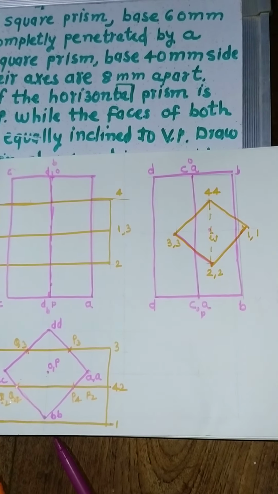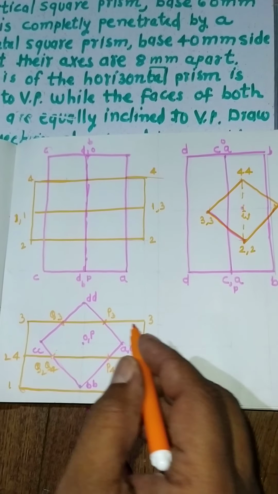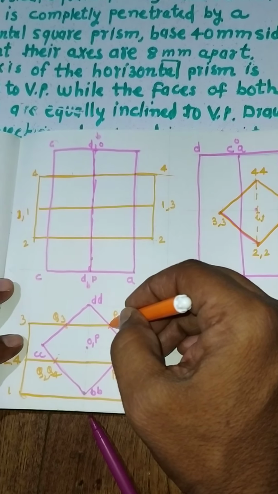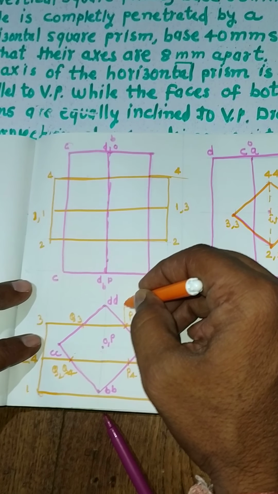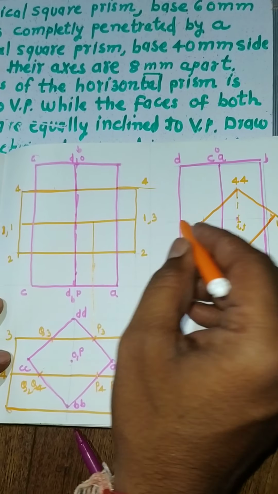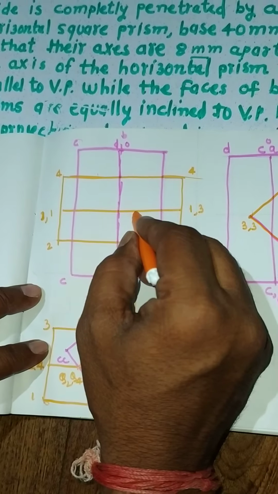Now we have to transfer these points. P3 lies on the 3-3 edge, so I transfer this point P3 to the front view on the edge 3-3 and name it P3. I will transfer P4 and P2.